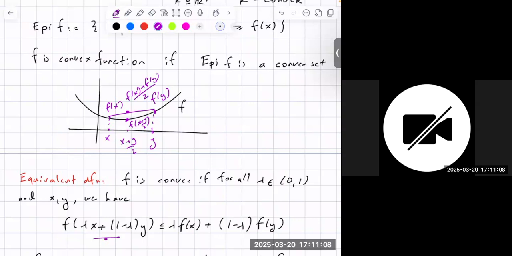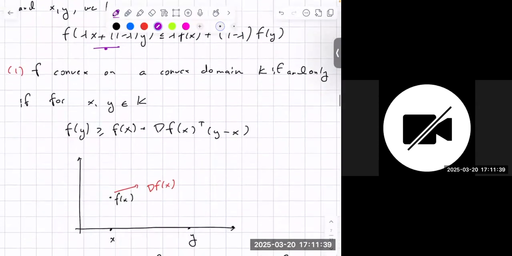The thing on the line is always above the thing on the function. If you take half of f(x) and half of f(y) and sum them up, this is what you'll get. And here, f of (x+y)/2 is what you would get from the function. The left being less than the right means the value you get from the function is always below what you get from the line segment. That's an equivalent way to think about convexity.